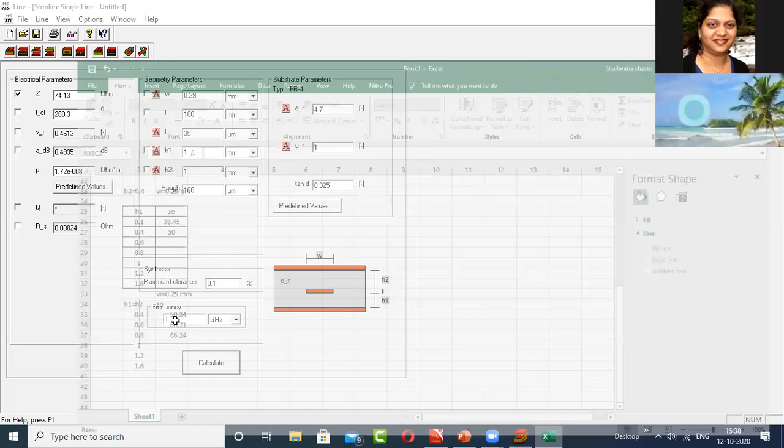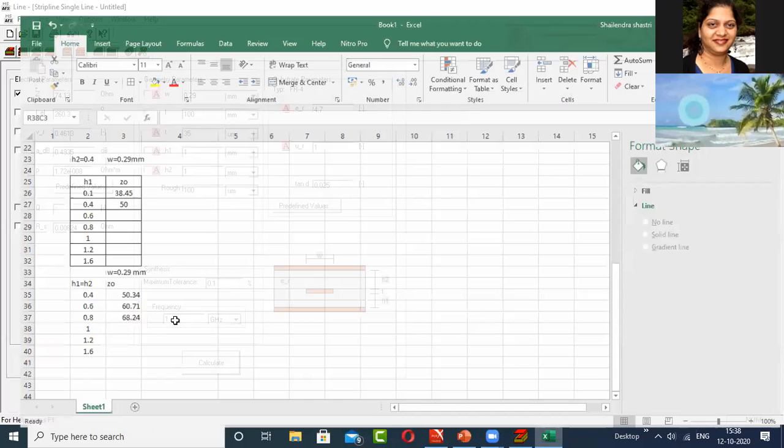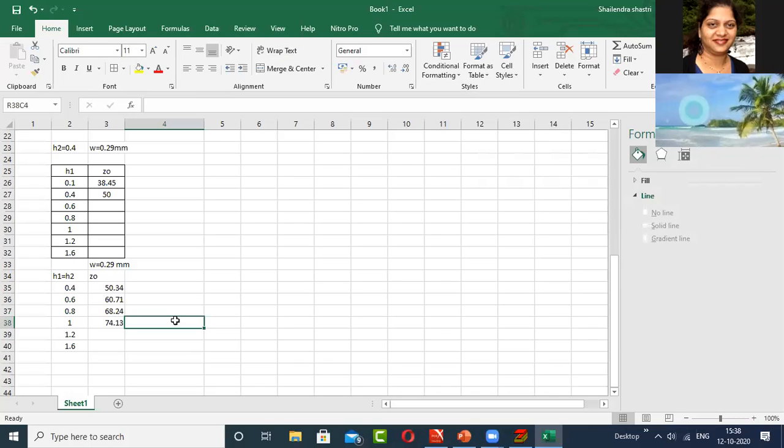So here it means that if you want a larger characteristic impedance, then the thickness of the dielectric material should increase. Now see, you have seen that an increase in thickness increases the impedance, but the width is 0.29 mm. I said that to manufacture it, very precise instruments are required, because 0.29 mm is a very small width.